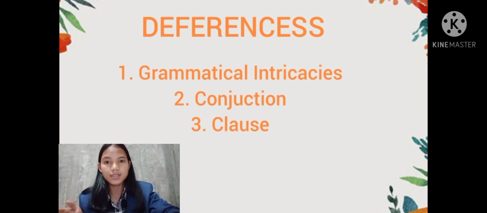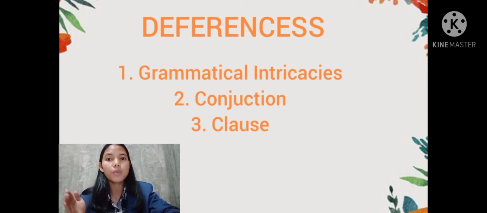And then the last, differences of spoken and written language. Number one, in spoken, grammatical intricacies: more complex sentences with more simplex groups, while in written, grammatical intricacies: more simplex sentences with more complex groups.